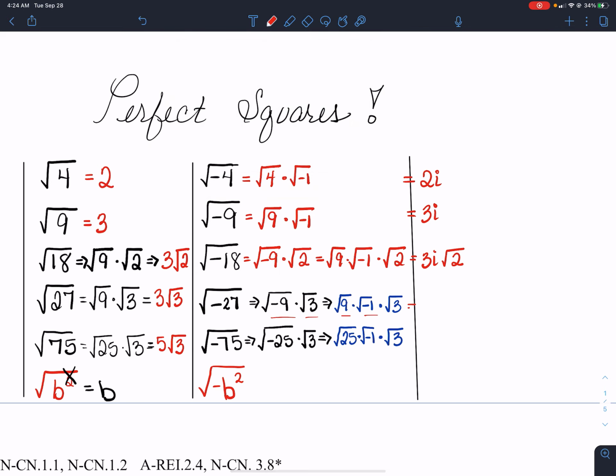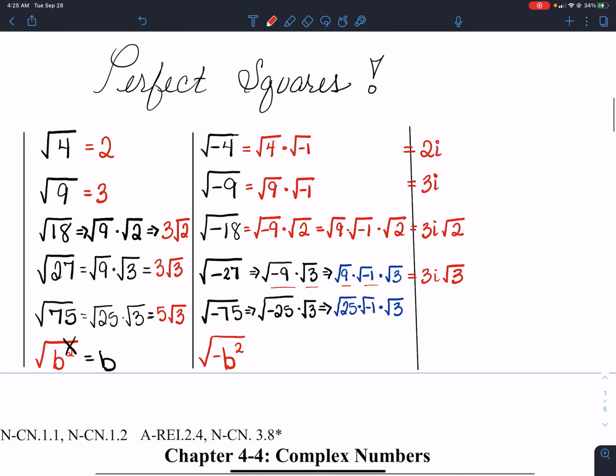And that would put us at 3 times I times radical 3. Okay.